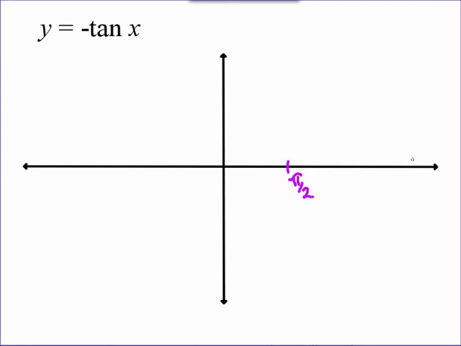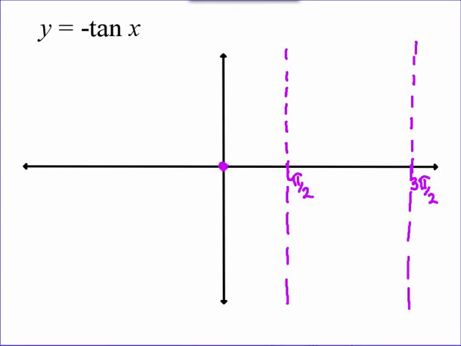Opposite way? So first of all, I know that tangent has an asymptote at pi over 2. I know that it has another asymptote at 3 pi over 2. I know that at 0, it is 0. So I also know that there is another asymptote at negative pi over 2.